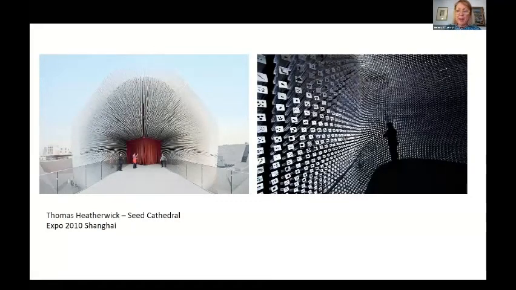So I want you to think back now to architecture, thinking about creativity. Where did he get this idea from as a building? It was his idea. It was a competition. The UK government wanted to have an architectural practice represent the UK for this big expo of architecture. That was in 2010.